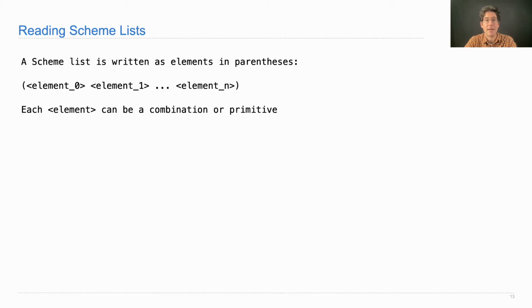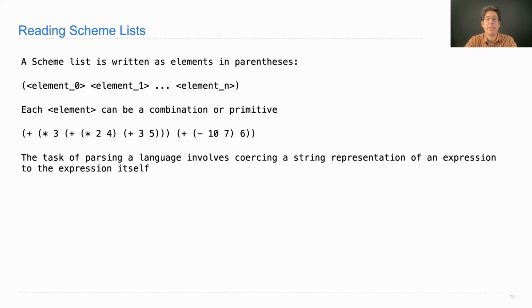Each element can be a combination or a primitive, and so I could have a Scheme list that looks like this: the symbol plus, another list with the symbol times, with the number 3, with another list, etc., etc. The task of parsing a language involves parsing this string representation, which is just full of spaces and stars and pluses and numerals, into an expression. And in Scheme, an expression is just a Scheme list.